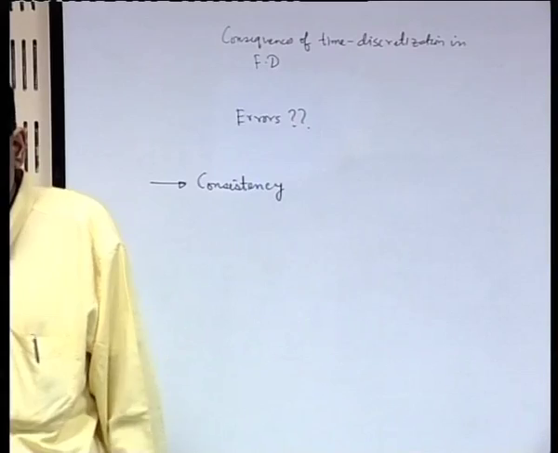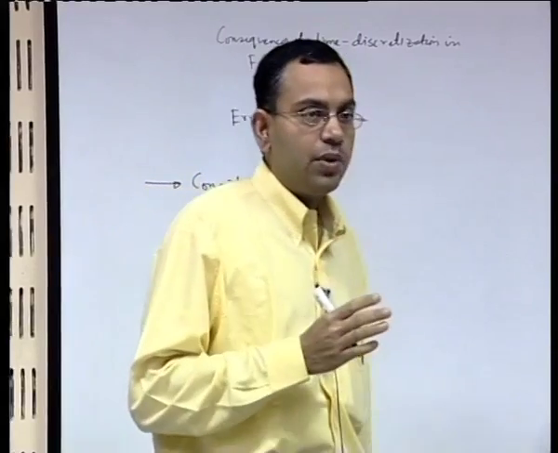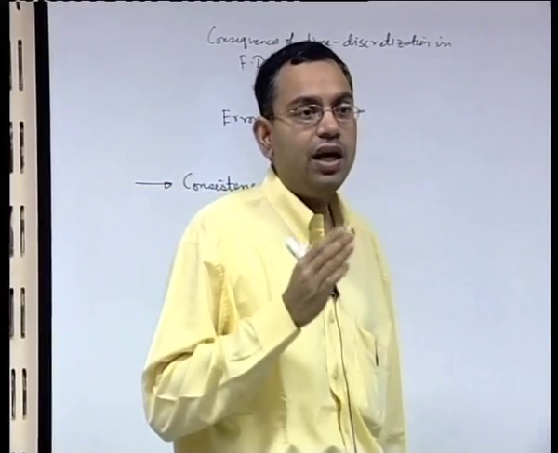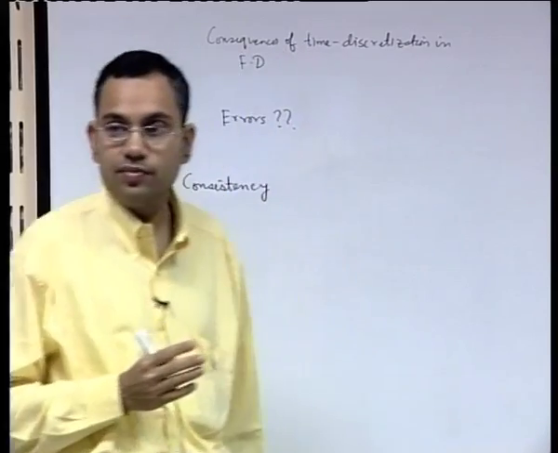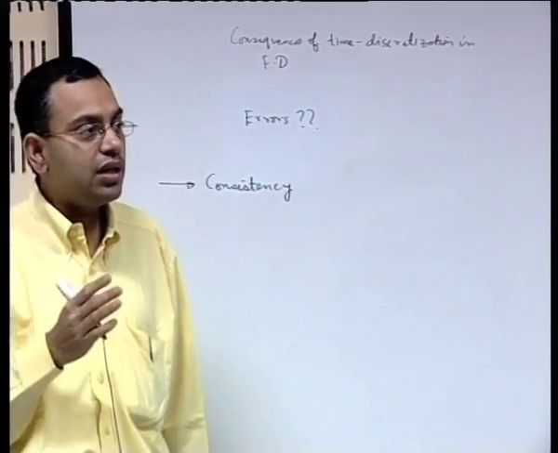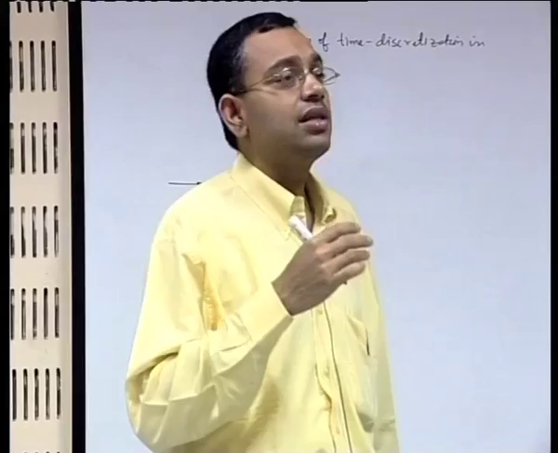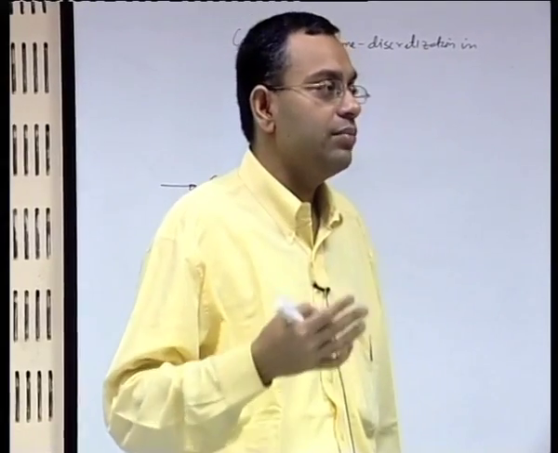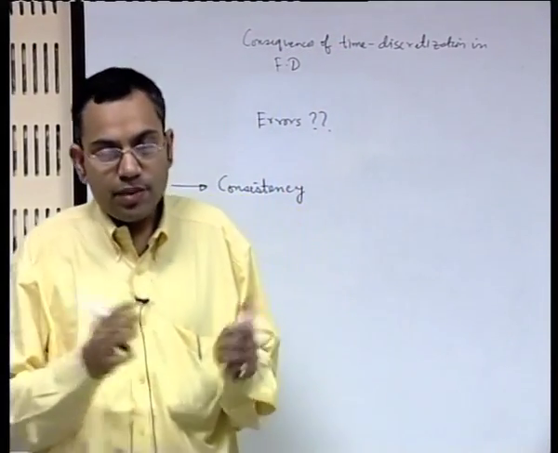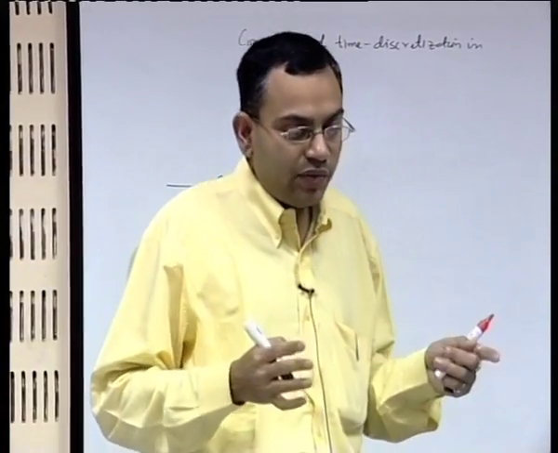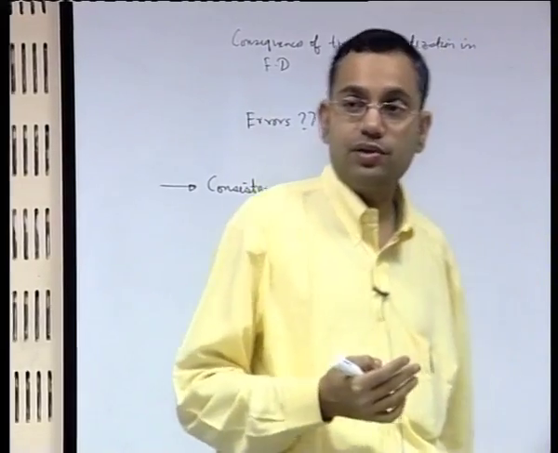So what we mean by consistent is that when we are discretizing a particular problem, we are representing the behavior that was supposed to be represented by a differential equation with some algebraic equations. So the algebraic equation now has the responsibility of representing the behavior of the system, which is a differential equation in terms of its representation. So there is a conflict: the system behavior was supposed to be represented by a differential equation, now you are representing it by some algebraic equation.